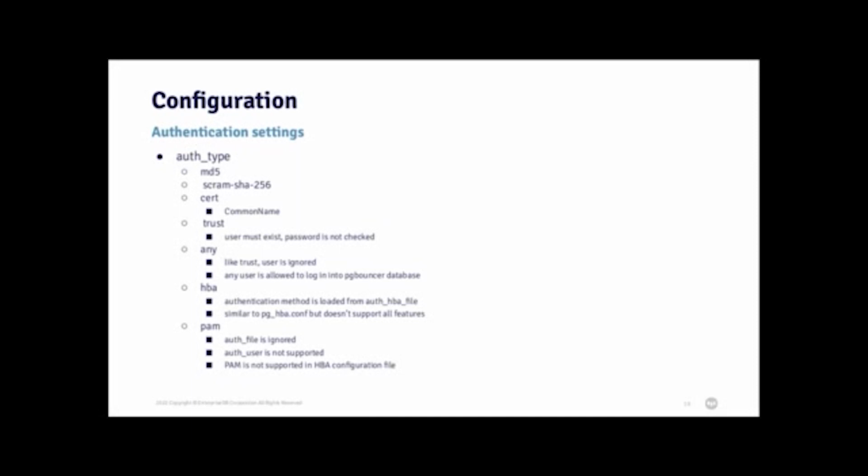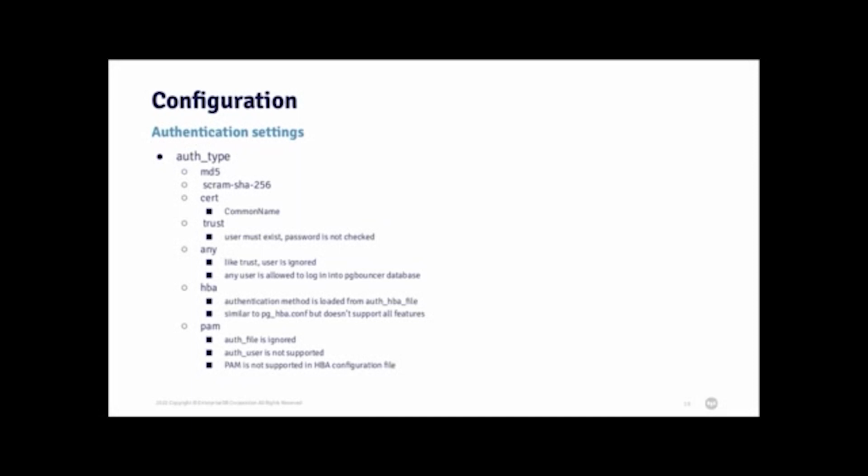So don't use this type. And there is also an HBA authentication type. It basically reads an HBA file with different rules, and you can use it if you need more flexibility for your authentication.